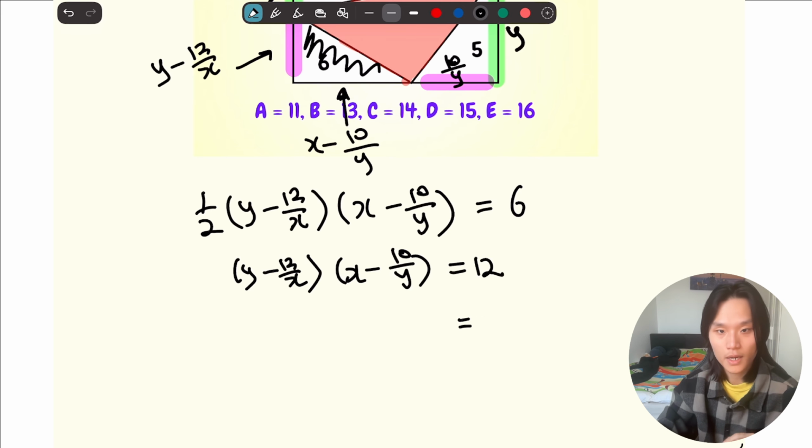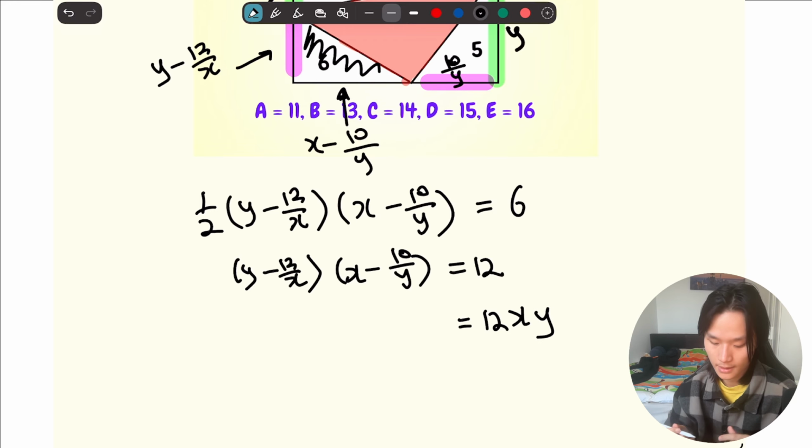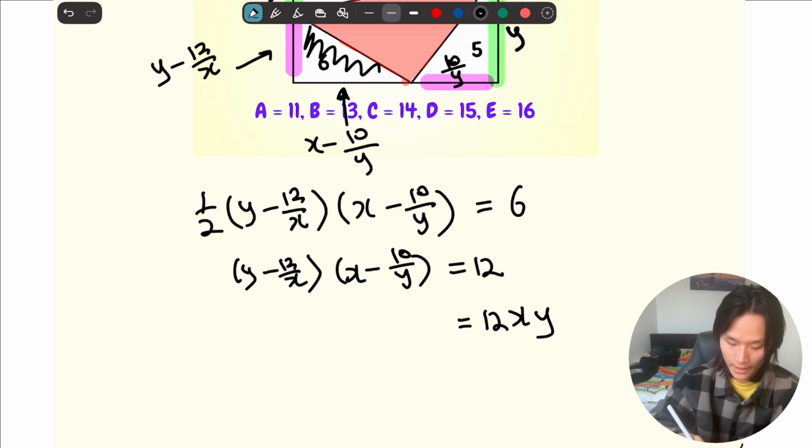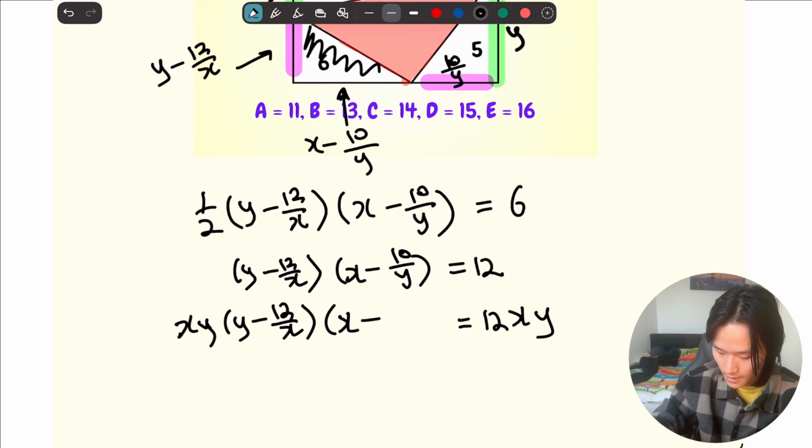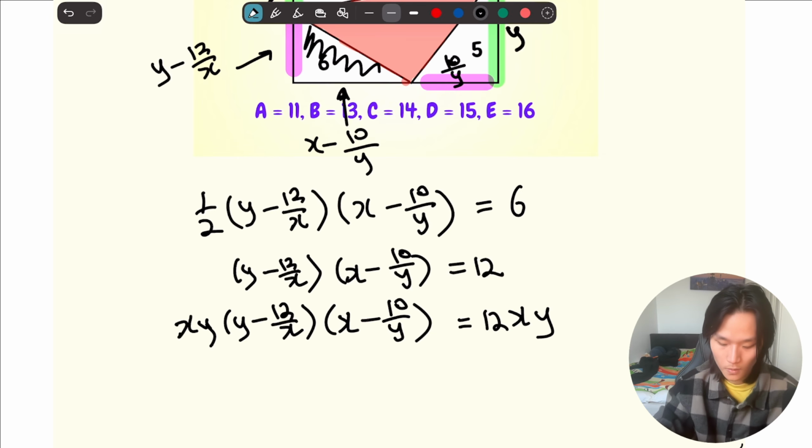So on the right hand side we have 12xy, and on the left hand side we have xy times y minus 12 over x, and then x minus 10 over y.